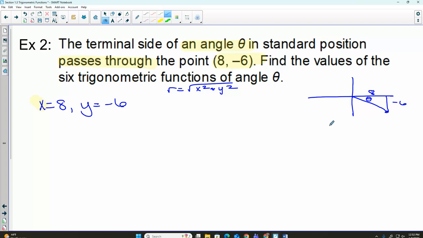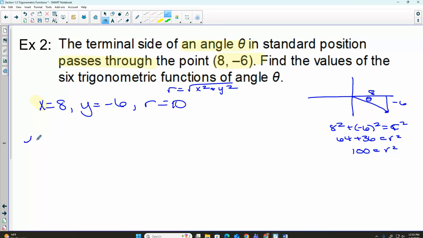So it's just Pythagorean theorem. 64 plus 36 is 100, and the square root of 100 is 10. So R is 10. Either way, use the formula or draw yourself a picture to get your value.